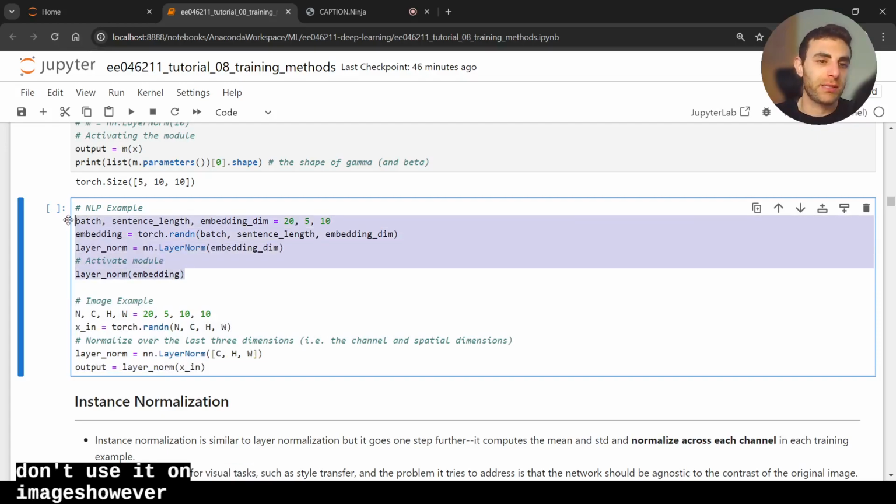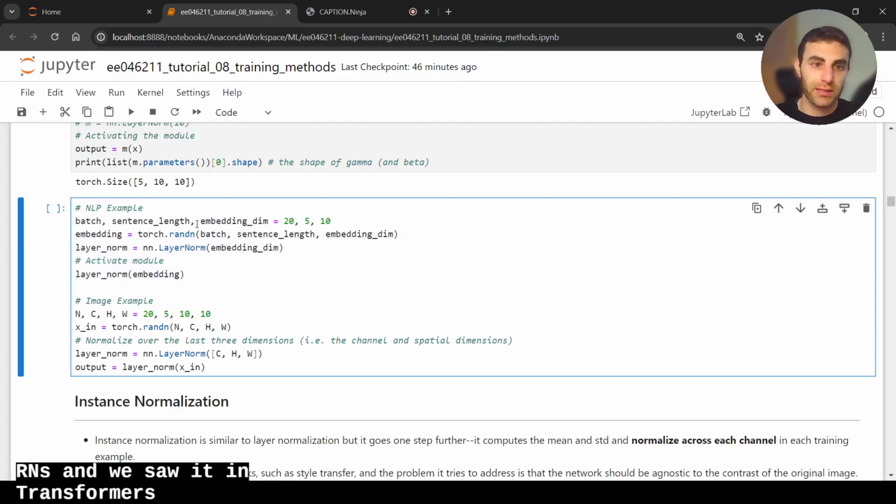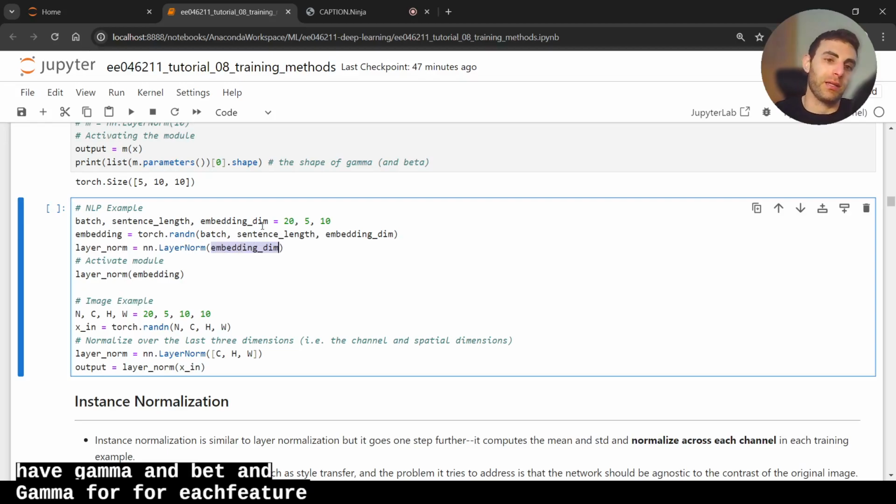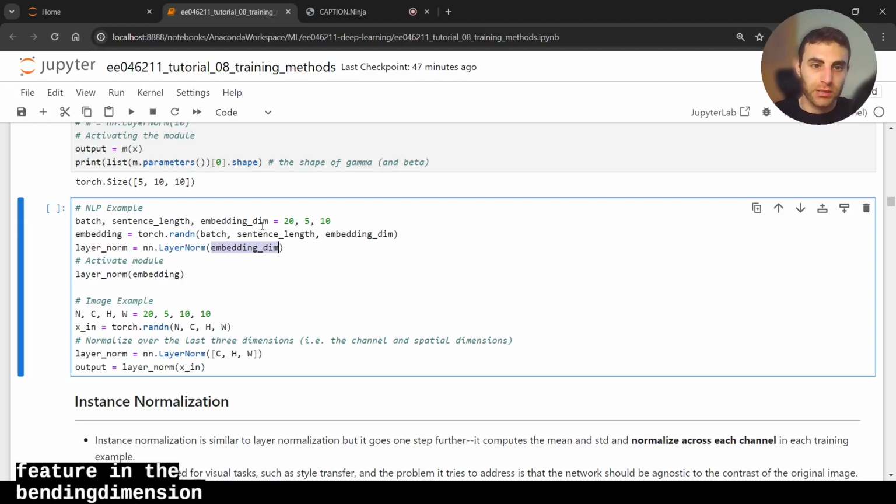However, we do use it in sequential models, so RNNs, and we saw it in transformers. The idea is that we are going to normalize over the embedding dimension, which is just the last dimension. So the input to layer norm is the embedding dimension, and of course we are going to have gamma and beta for each feature in the embedding dimension. This is how it works.